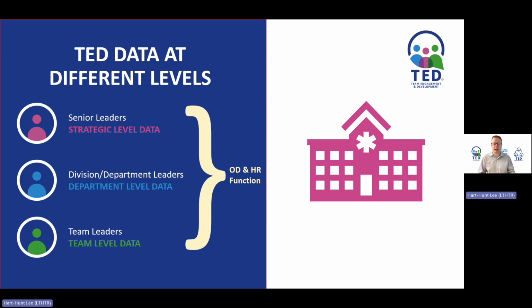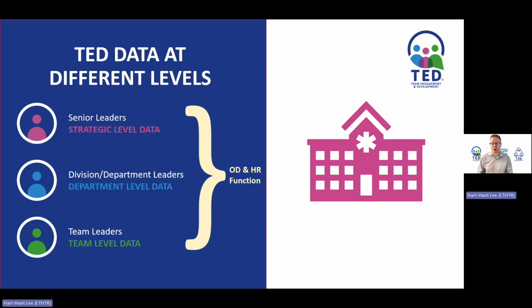We see here that senior leaders might be looking specifically at strategic data. Division or departmental leaders might be looking at that departmental level data, and they may have divisional access accounts. And a team leader might be looking more specifically at their own TED reports or follow-up reports to make those team-based decisions.